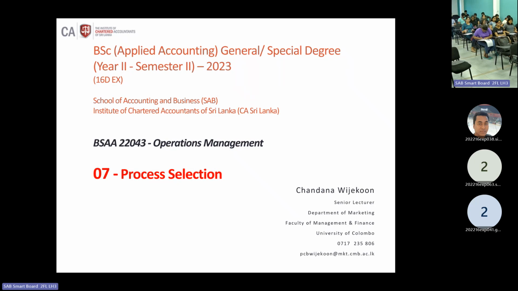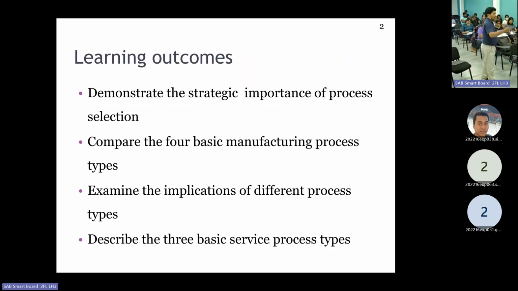Process selection is an important area of operations management. I don't know whether you have studied the content related to process selection, but as you can see here, these are the main things that we are going to cover in the first half of the lecture today.